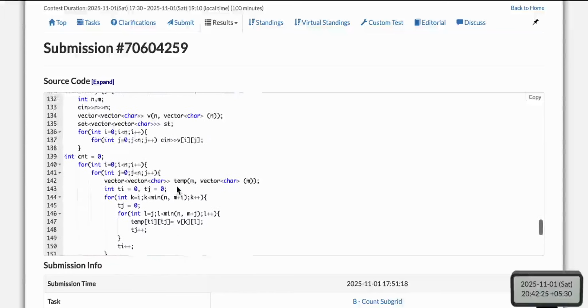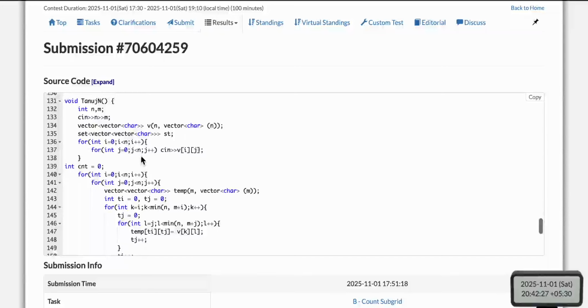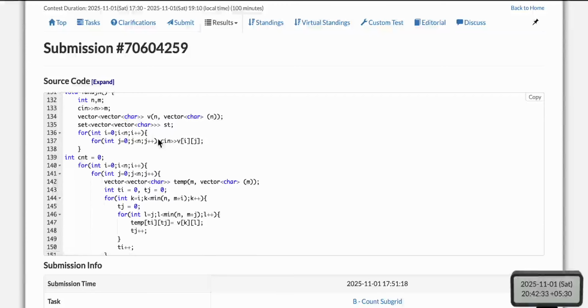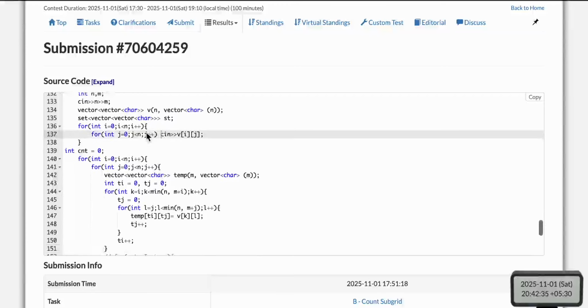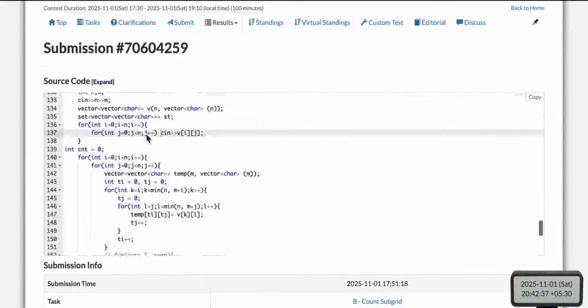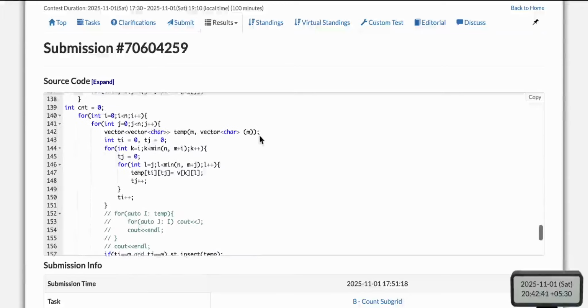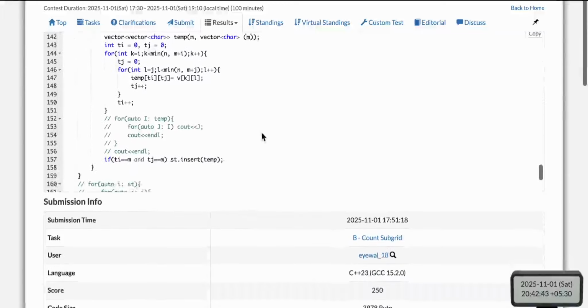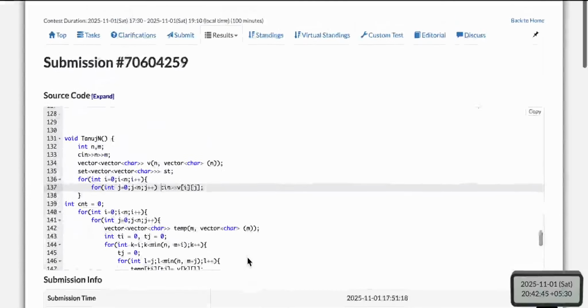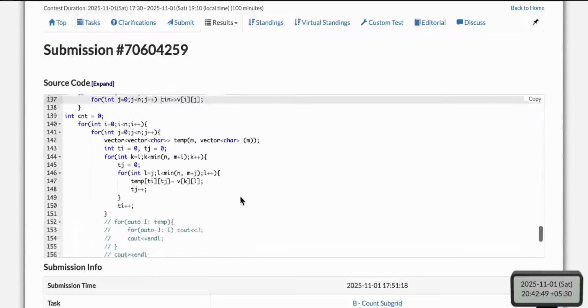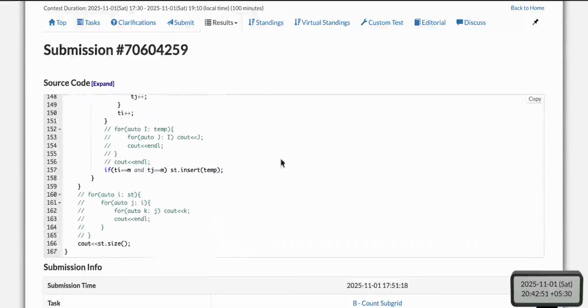For the space complexity, we are taking a set of vectors, and we are also taking a temporary vector. So the time complexity will be O of n square times m square, while the space complexity will be O of n. This is the solution for the second problem.